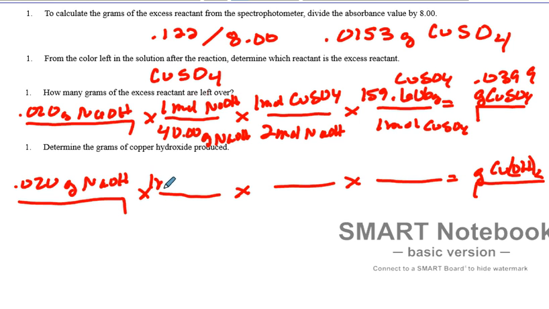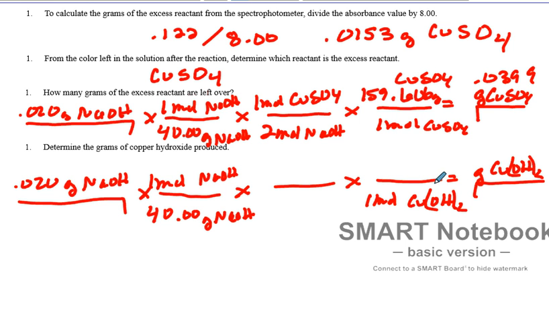Again, we're going to put our blocking 1 mole, and this again is sodium hydroxide. We'll just go ahead and fill in the molar mass for that. And we're going to have the 1 mole on the bottom here of copper hydroxide. Now we need the molar mass for that. That is 97.566 grams, and that, of course, is of copper hydroxide.